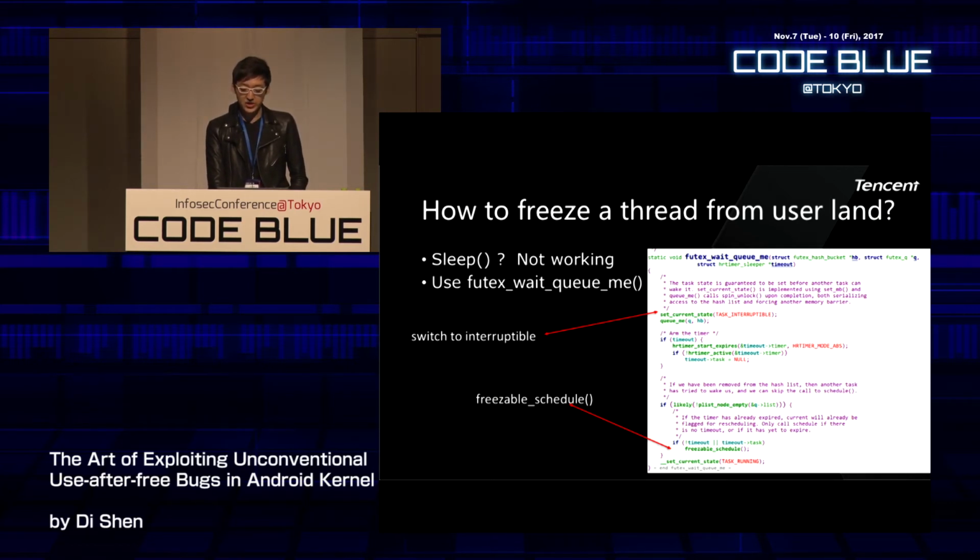So I found another function which is very helpful: the function futex_wait_queue_me. It will first switch itself to the interruptible status, and then it will call freezable_schedule to give up the execution voluntarily. This function is very effective, so the thread will not resume the execution as long as other threads don't wake it up.